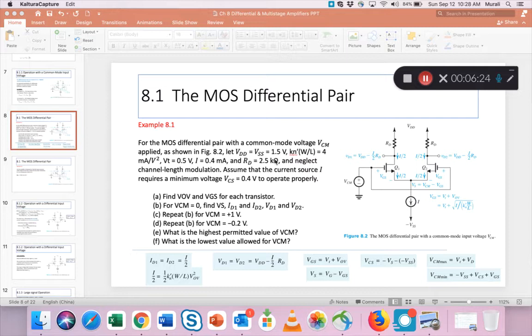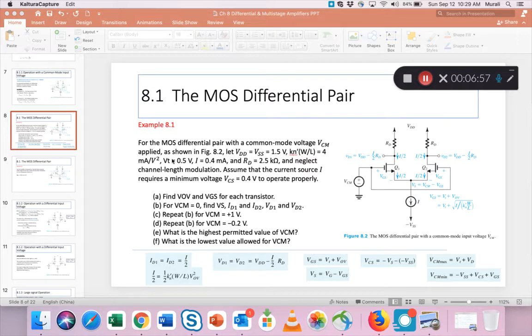Under such circumstances, and all these values of VDD, VSS, Kn prime, Vt, I, the biasing current is given, Rd, the resistors in the drain circuits are given, no channel length modulation, that makes it easy. Also assume that the current source requires a minimum voltage VCS. The VCS is what has to be applied across the current source for it to work properly. Otherwise you have no bias.